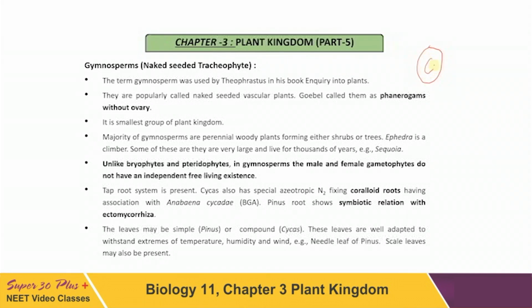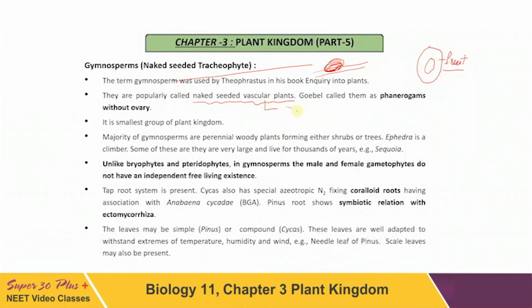Inside mango the seed is there, the seed is inside the fruit, and such type of plants are known as angiosperms. But on the other side, what do we mean by gymnosperm? In gymnosperms the seeds are not inside the fruit, seeds are naked, these are exposed, therefore these are known as naked seeded plants. These are popularly therefore known as naked seeded vascular plants.